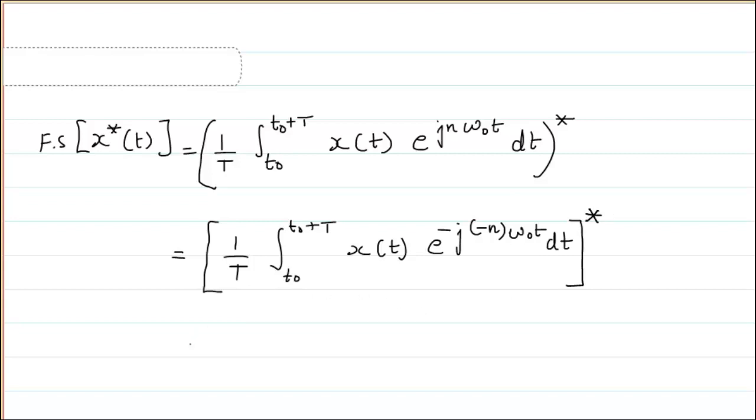Okay, so now this is basically C of minus n and the whole conjugate. So I can write therefore the Fourier series of x conjugate of t is basically whatever is C of minus n, the conjugate of that. Hence proved.